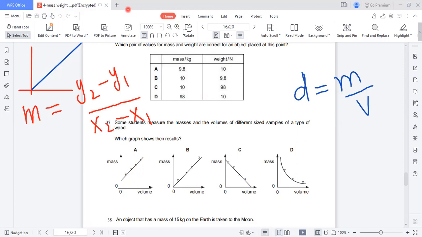Let's discuss all of them one by one. It says the material will have different density, like the mass over volume is density. So if we calculate the gradient of this graph, that is density, and it tells us that the density will vary. That's totally wrong, because for a single material the density is the same.